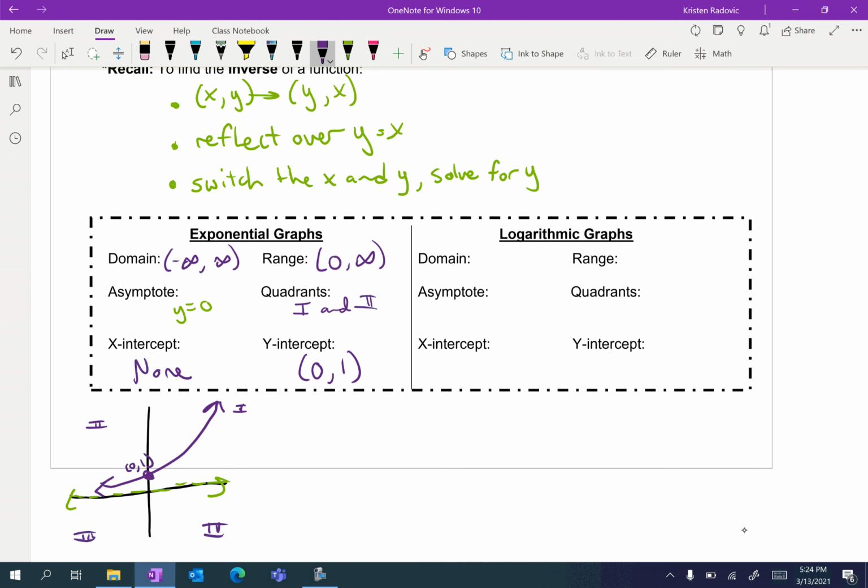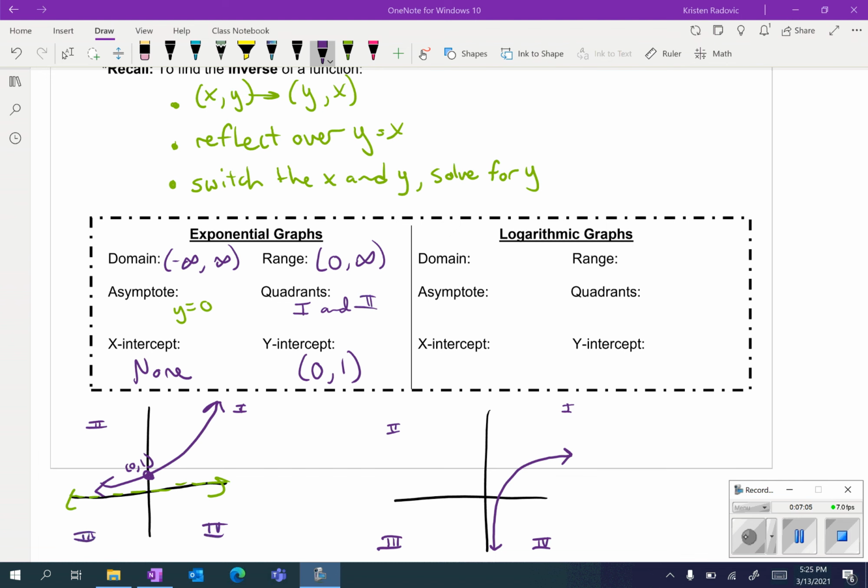Now, logarithms are a bit different. Remember, we're dealing with the inverse here, so we're going to be dealing with everything being switched. So guys, you remember your domain is your x values and your range is your y values.